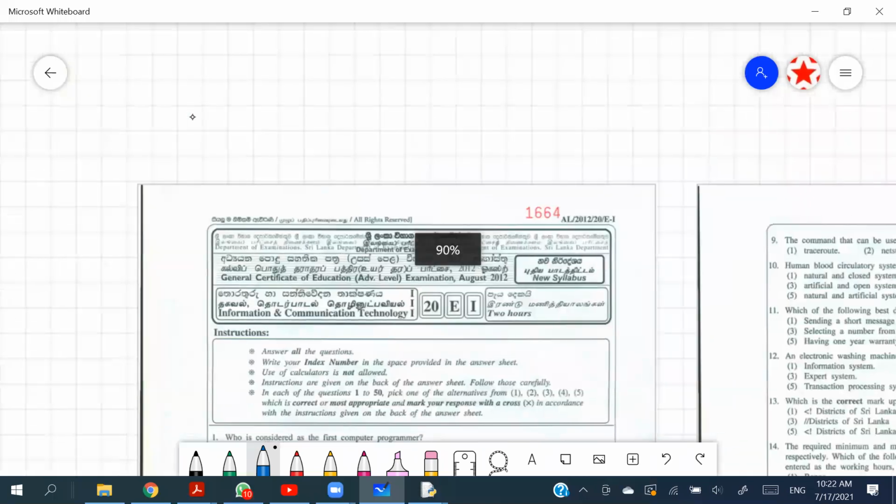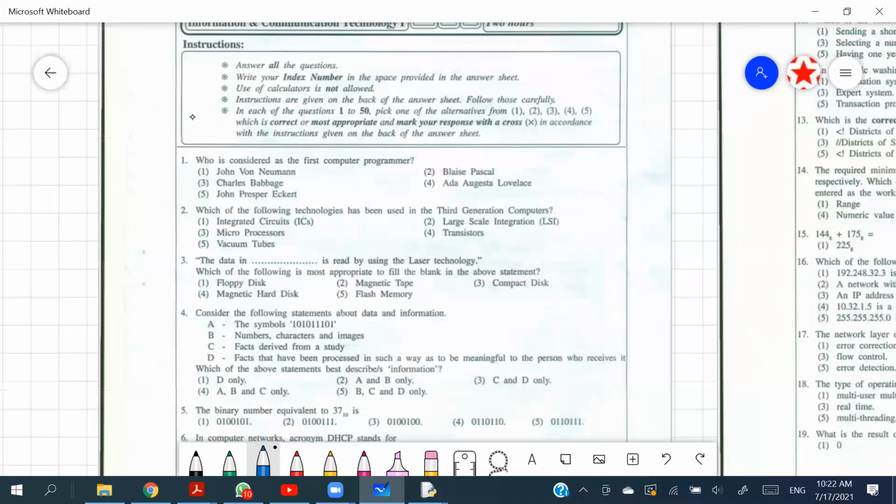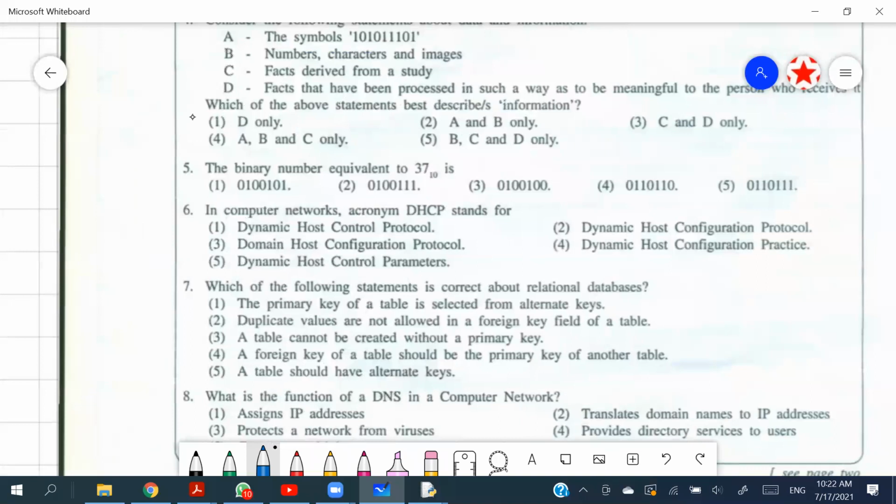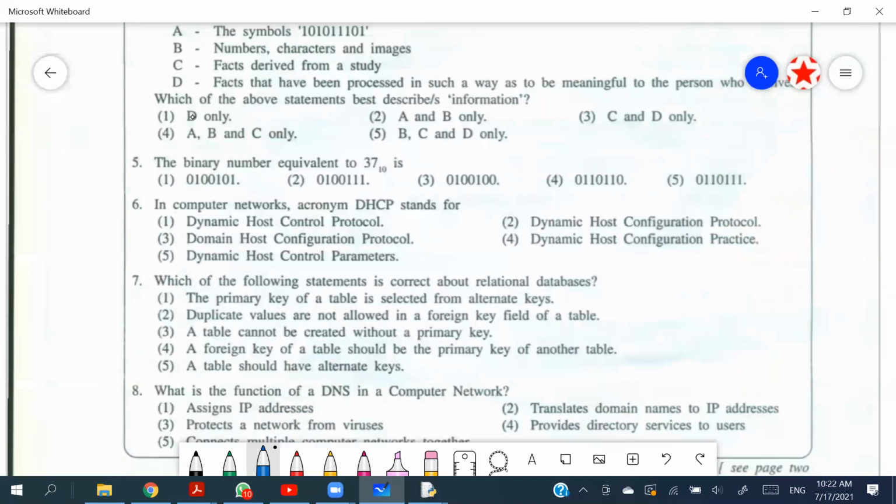Okay, so the seventh is the one that we were discussing. Right, so the primary key of a table is selected from alternate keys. We discussed it is wrong. Duplicate values are not allowed in the foreign key field of a table. No, there is nothing like that.